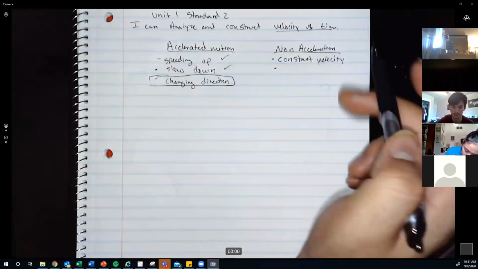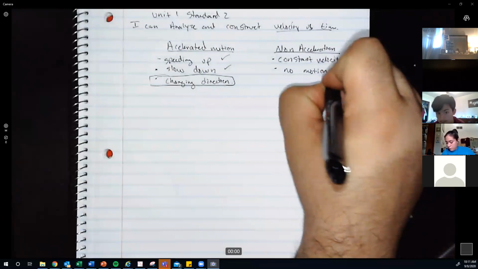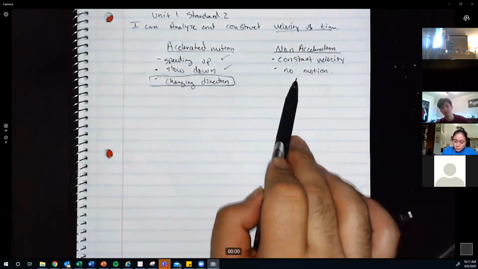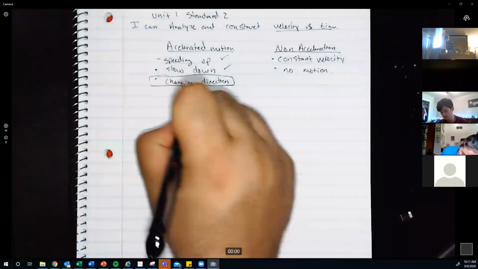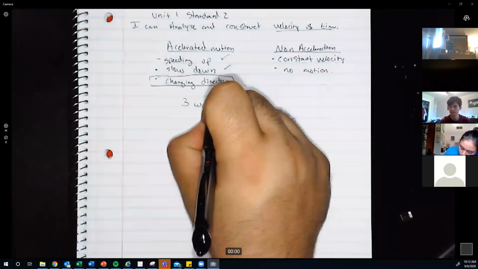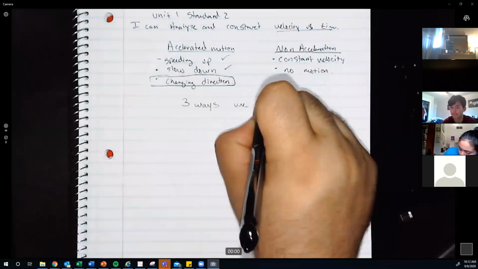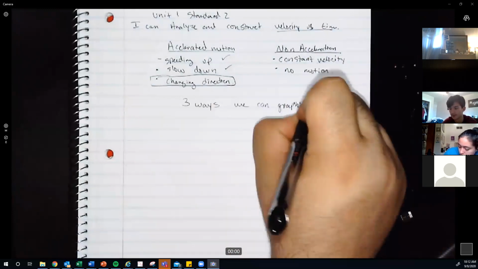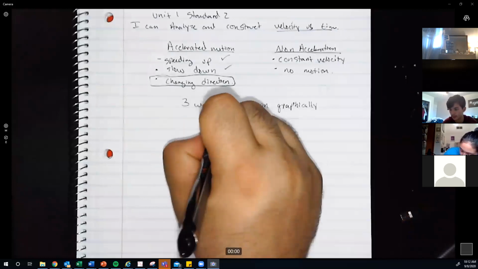Yeah, so no motion at all. So if you have no acceleration, you have constant velocity or no motion whatsoever. So there are 3 ways we can graphically analyze that motion.